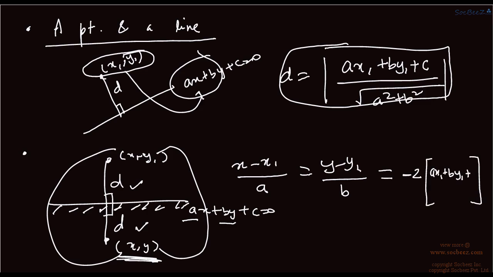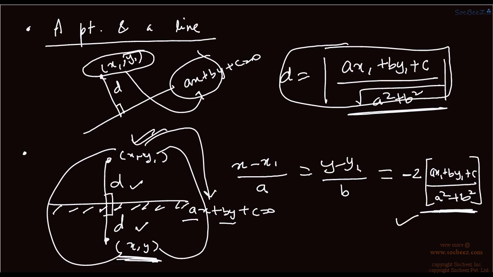Put the point in the line. This point is given to you, so you will put this point in this line and you will take the distance a square plus b square. Mind it, because we are using square root in here and not using square root in here. So this is minus 2 times. Put this point in the line and divide by a square plus b square.